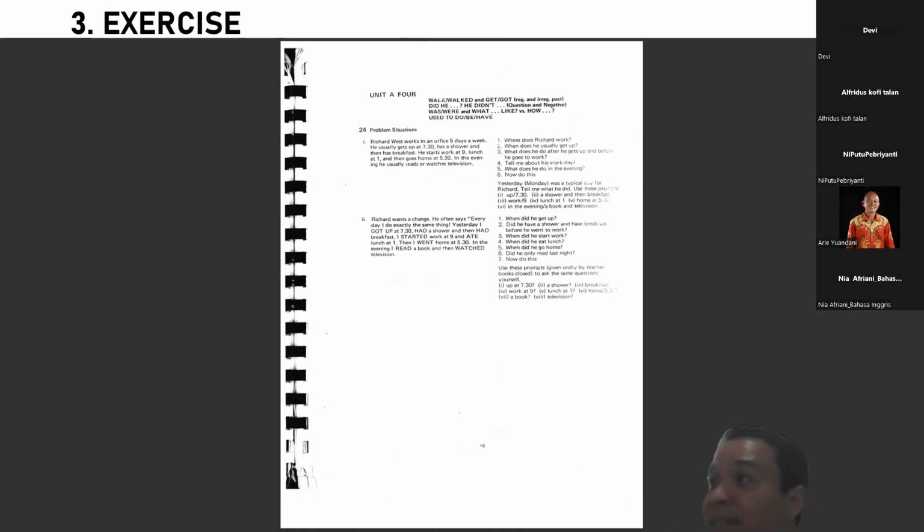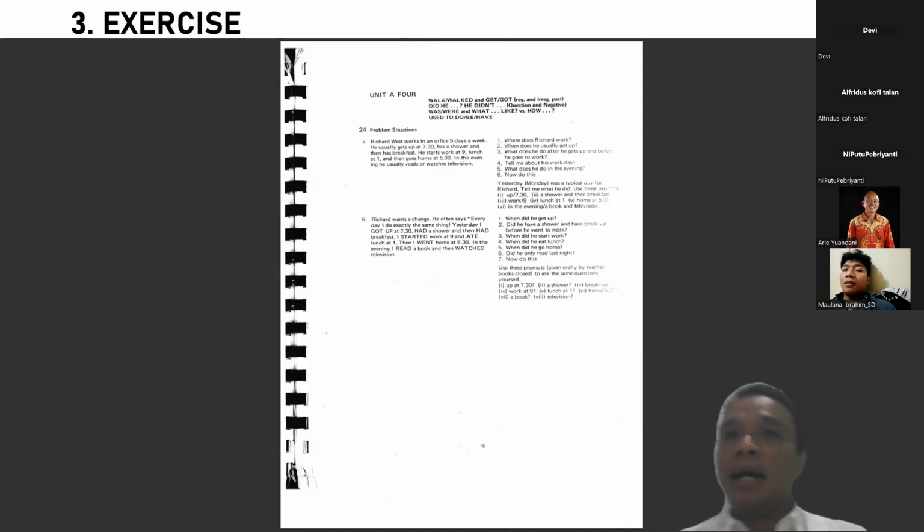And the second step, I want you to understand the change of simple present tense into simple past tense by modifying the verbs. Do you get the point? Okay, next. Emmy, now your turn. Please read the second situation below.